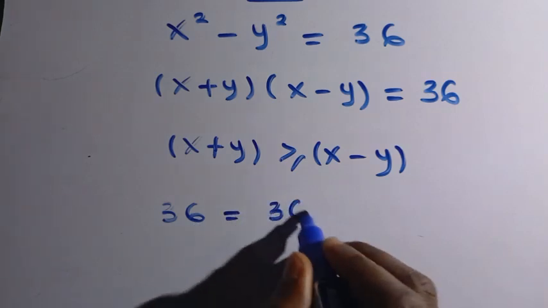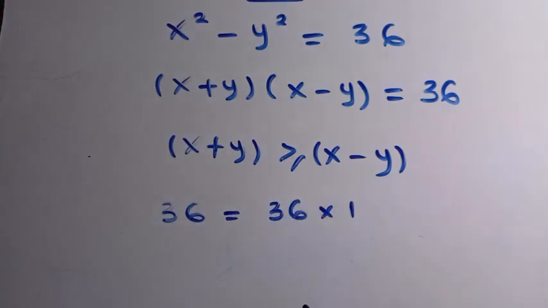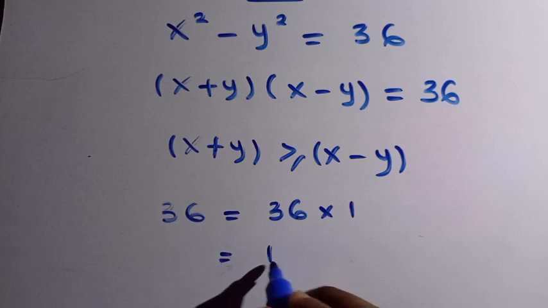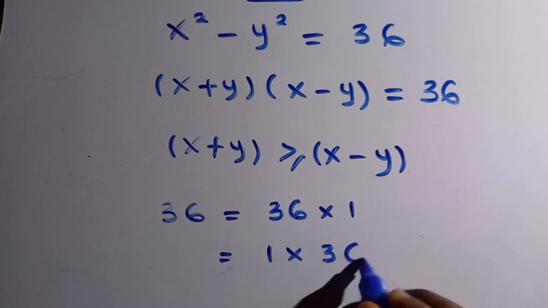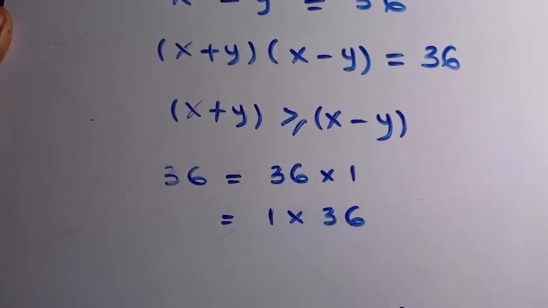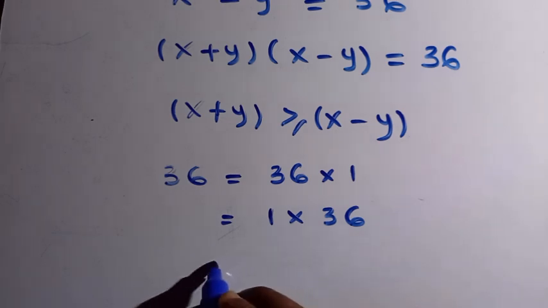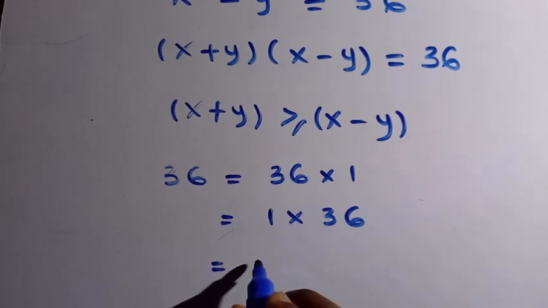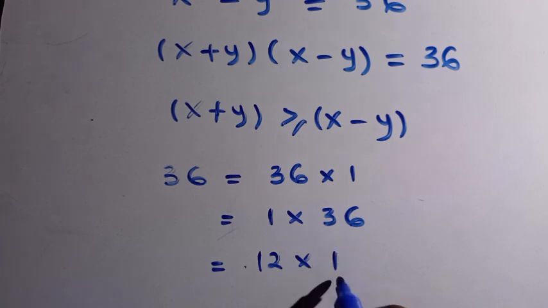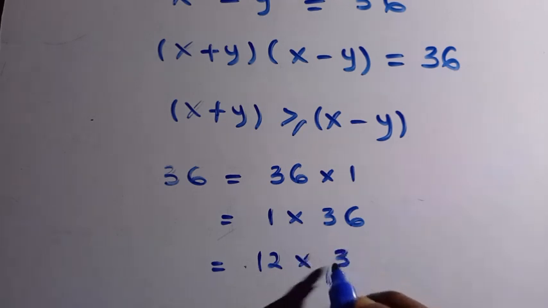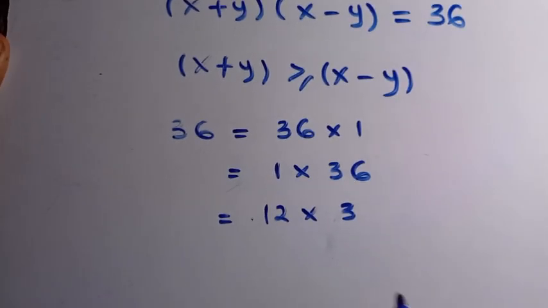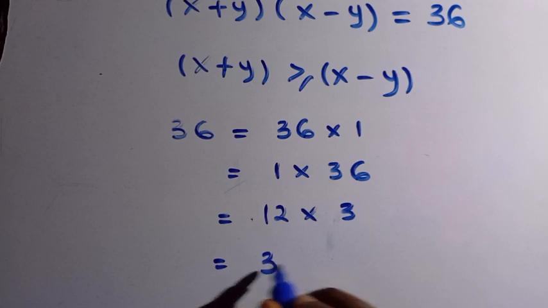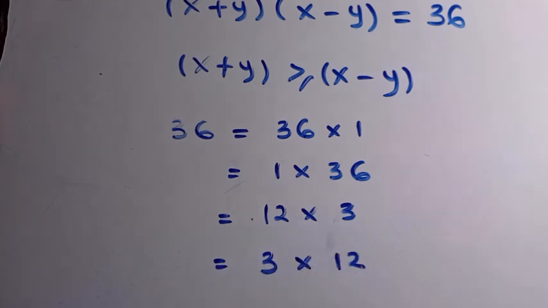We are going to have it as 36 times 1. This is correct, and we can also have it as 1 times 36. So we look for all the possibilities, since we cannot predict the value of x and the value of y we are given 36. So we look for everything. Here we can have 12 multiplied by 3, and we can still have it as 3 multiplied by 12.